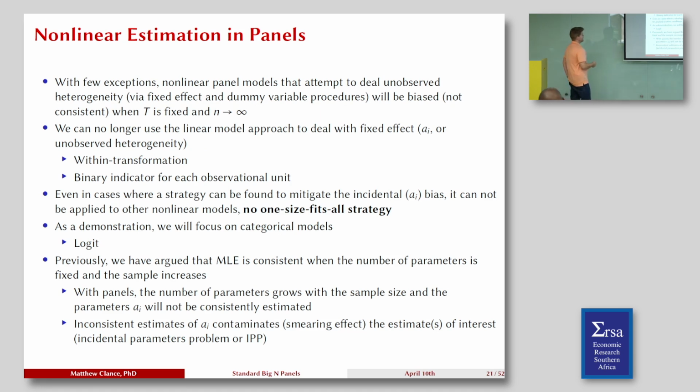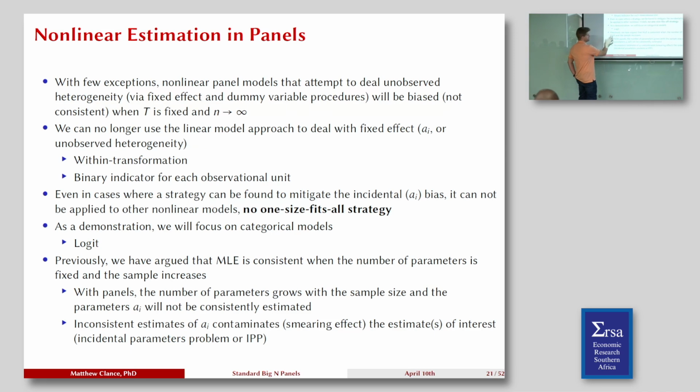Okay? So I'm going to give a demonstration in terms of the Logits. The reason why is because I can actually show various methods with that in terms of R. Most of these that I'm going to show can apply to the ordered side or the multinomial side in some cases. Okay?